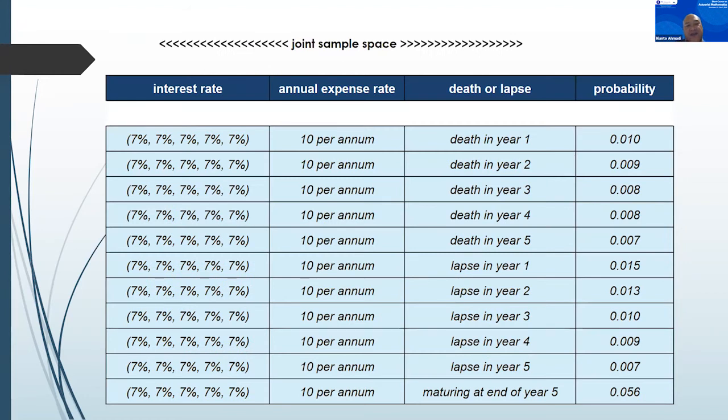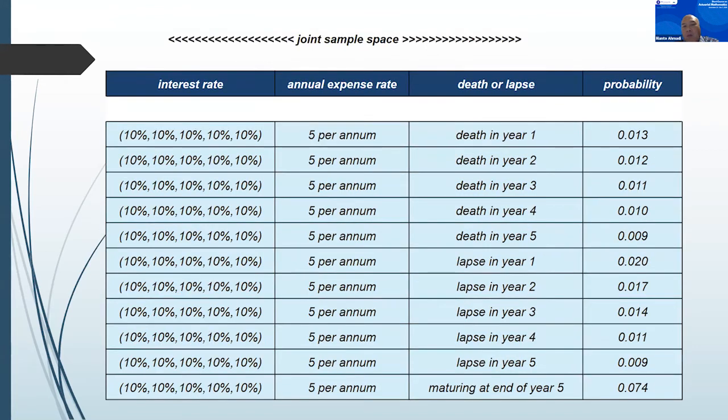In this slide, we change the expense to 10 units per annum. The other ones are the same. And next slide. We have the interest rate at 10%, expense back to 5 per annum. Death and lapse the same, and maturing. Next slide.